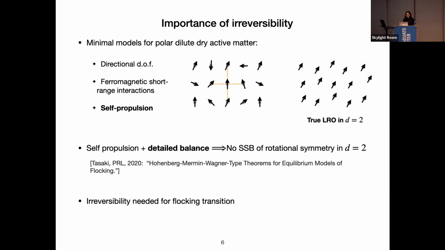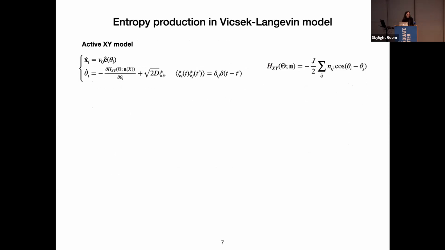So what we want to do is to measure irreversibility in some minimal flocking model. And the first 2 questions that we have to answer when we set up the problem is, at which scale are we interested in describing the system? And as I anticipated, it's the macroscopic scale. The same questions, however, can also be addressed at the level of continuous field theories. And the second question is, what do we want to measure? There are many quantities that can be used for this purpose.